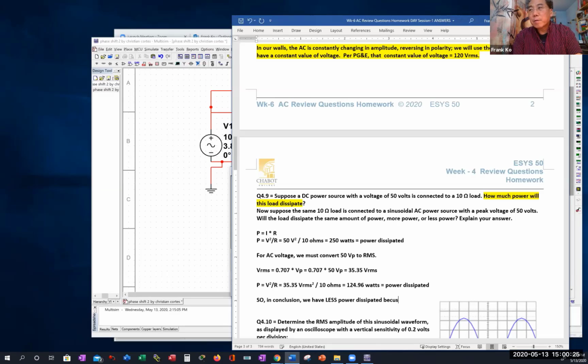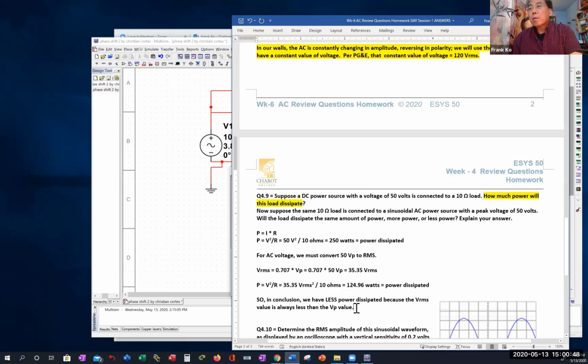Because why? The VRMS value is always less than the peak value. That's why. This would be your answer for this particular question.